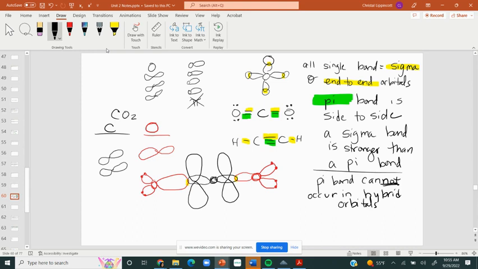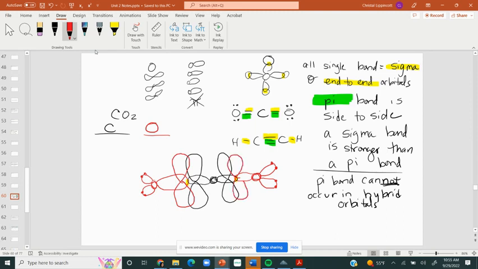Now that needs to bond with something. So I've got these two drawn in now. Now I just got to draw this guy in. I'm going to get him drawn in. He's going to be my oxygen. So I'm going to draw my oxygen in, and then I'm going to draw this one in.